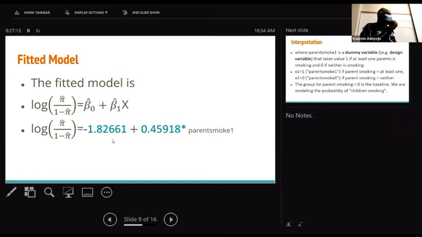Then I can also ask: if the parent does not smoke, what is the probability that the student will smoke? You're going to plug in 0 here. Don't forget the predictor we have here is categorical. It can only take 0 or 1. So this is used to find the probability.